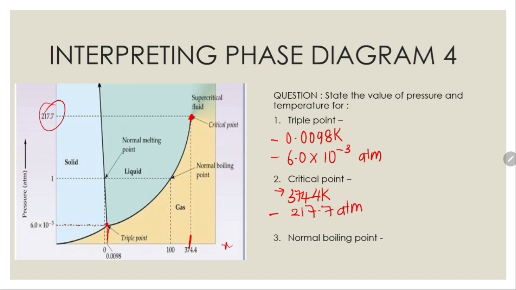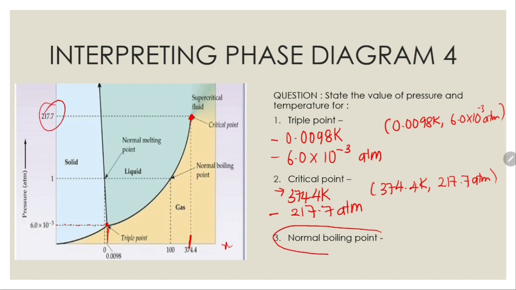If you write it in coordinate form, like in mathematics, the triple point is 0.0098 Kelvin and 6.0 times 10 to the power of negative 3 atm. And for the critical point, in coordinate form, 374.4 Kelvin and 217.7 atm.